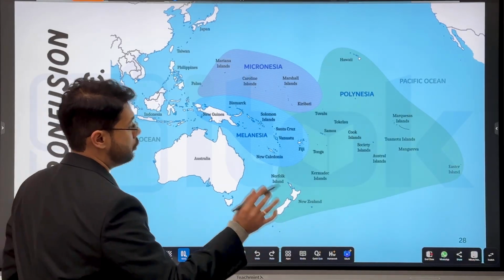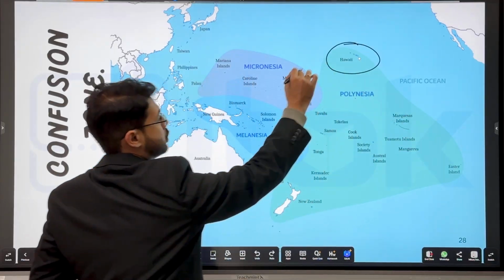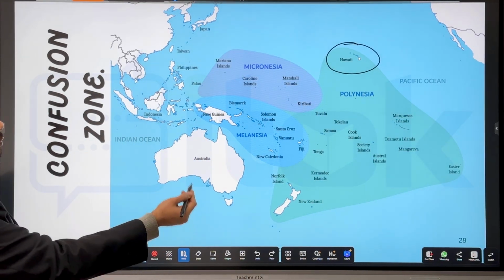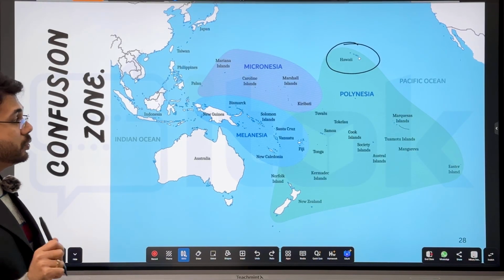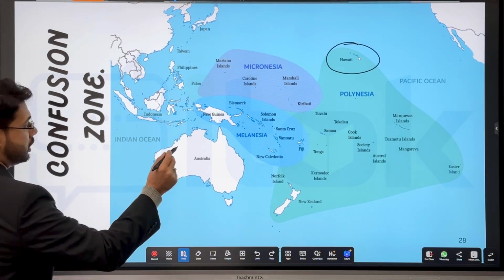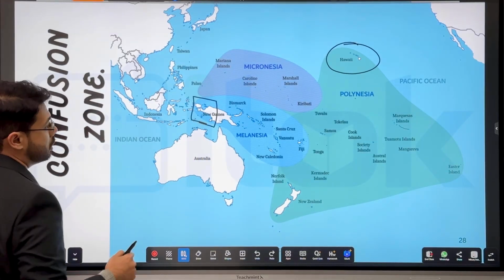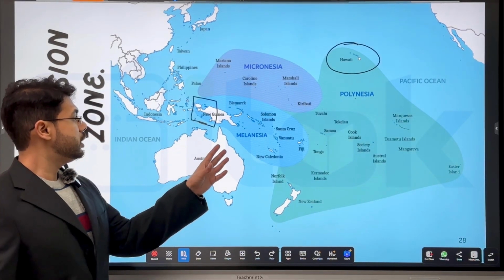When we speak about, for example, Hawaii, we think it is a part of the USA, so this will be under the North American continent, but it is a part of Oceania. You can Google this and find out. It was a shocker to me as well, but that's true. Same goes for Asia. Now, this region over here is a part of Indonesia. Now, there is a completely different story going on between New Guinea.